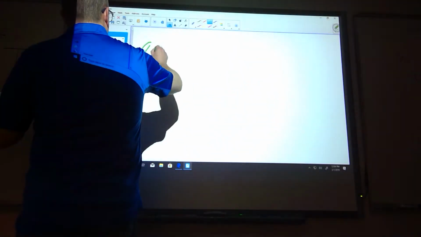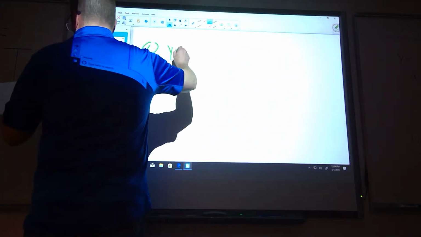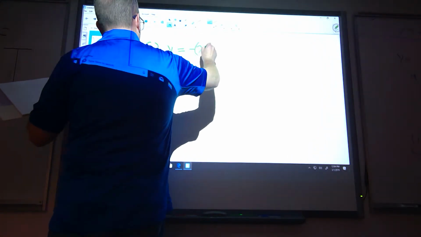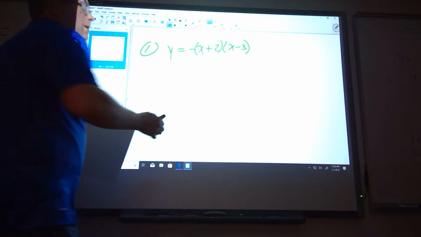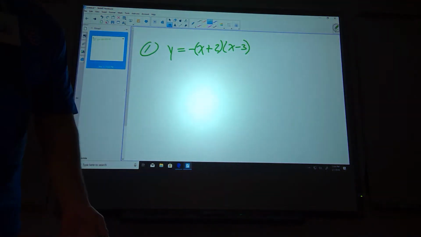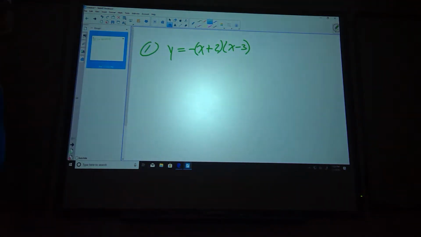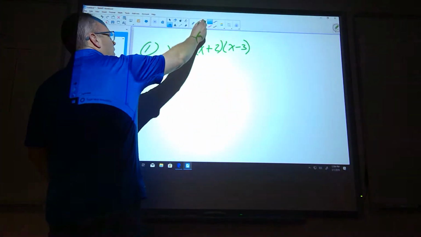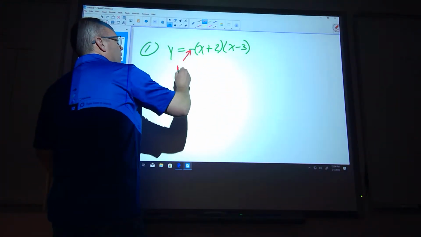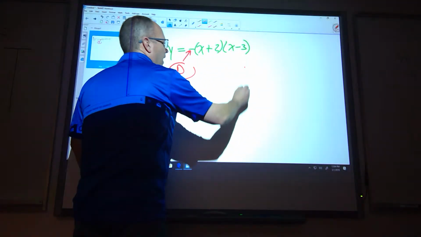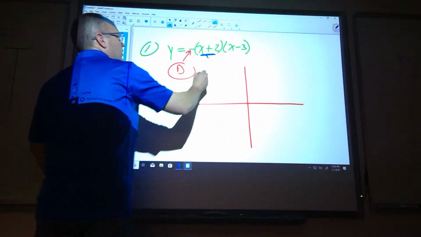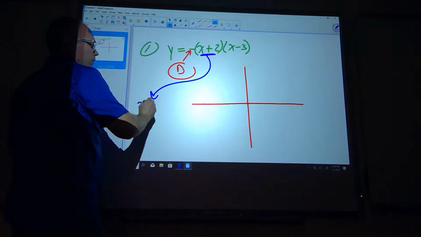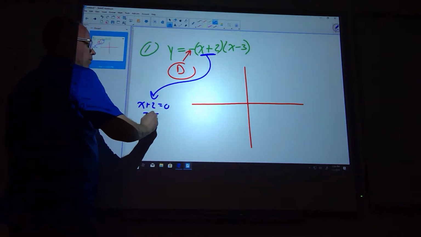All right, so number one, you have y equals negative x plus 2 and x minus 3. So it's a parabola that opens down, correct? Yeah. Okay, so that means it's going to open down. If I wanted to graph this, this is going to give me the point, just solve it for 0.